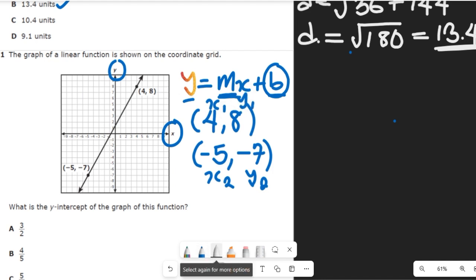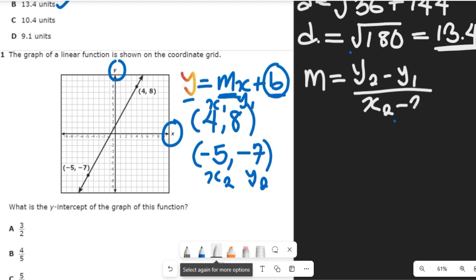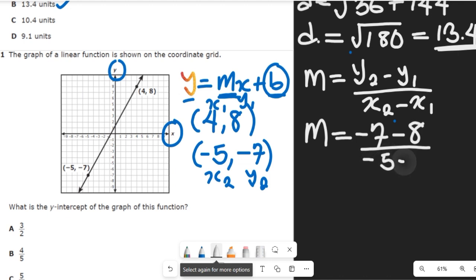So to apply that, our slope m will be equal to y2 minus y1 divided by x2 minus x1. So our slope is y2, which is -7, minus y1, which is 8, divided by x2, which is -5, minus x1, which is 4.